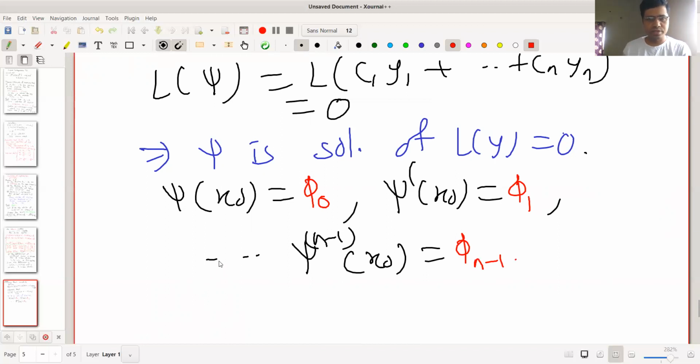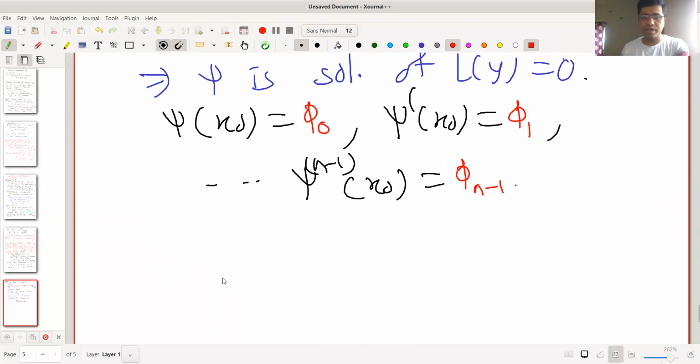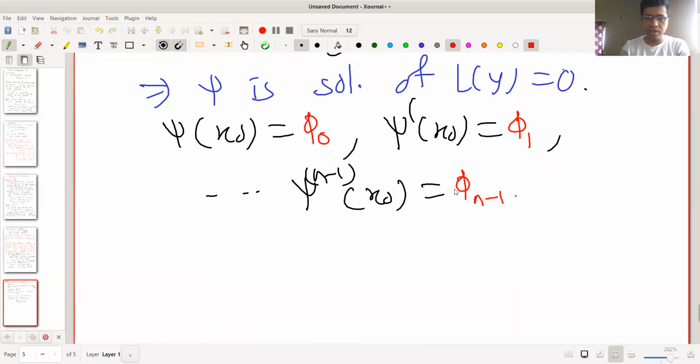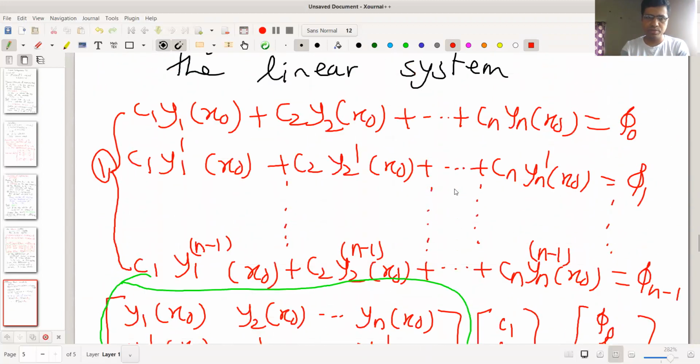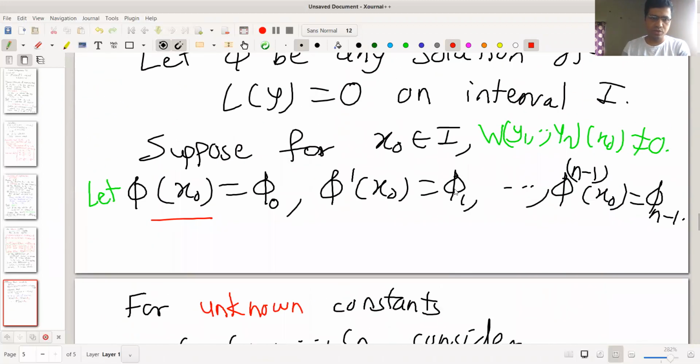So what does this mean? This means psi is a solution of L of y equal to 0 satisfying the same initial conditions as phi, because phi 0, phi 1 and so on, phi n minus 1 are the initial conditions satisfied by the other solution phi. So these are the same conditions: phi of x naught is phi naught, phi dash x naught is phi 1 and so on.